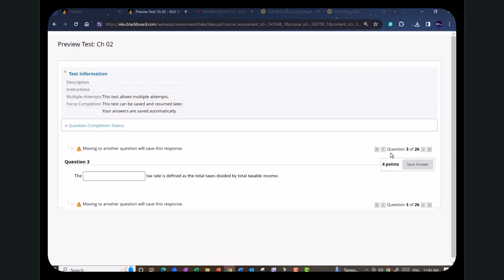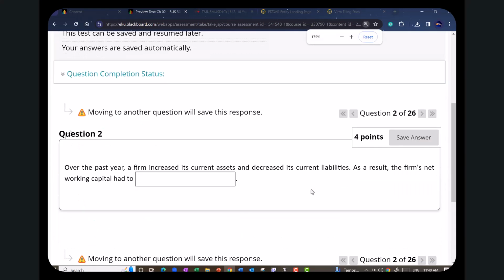Okay, I actually want to talk about that one. Over the past year, the firm increases current assets and decreases current liabilities. As a result, its net working capital had to what? Situations like that, go back to your definitions.